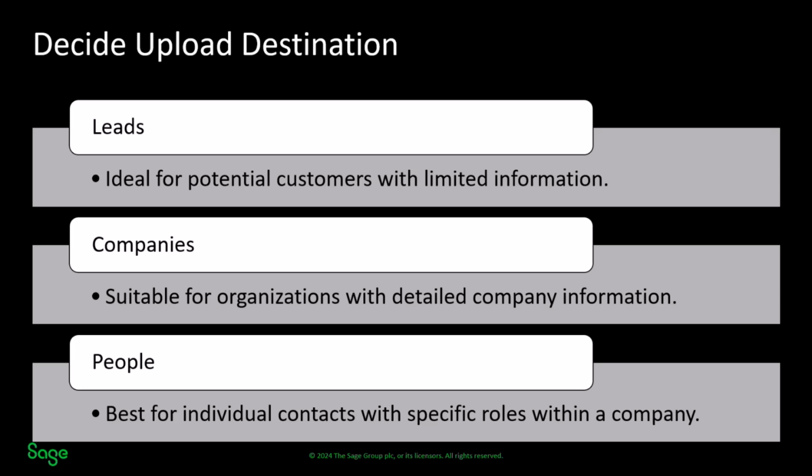We do have to think about the data quality all the time. We have to assess the completeness and accuracy of the data. We have to think about whether the data is incomplete or inconsistent within itself. And if it is, then it's better to start with leads and refine later.